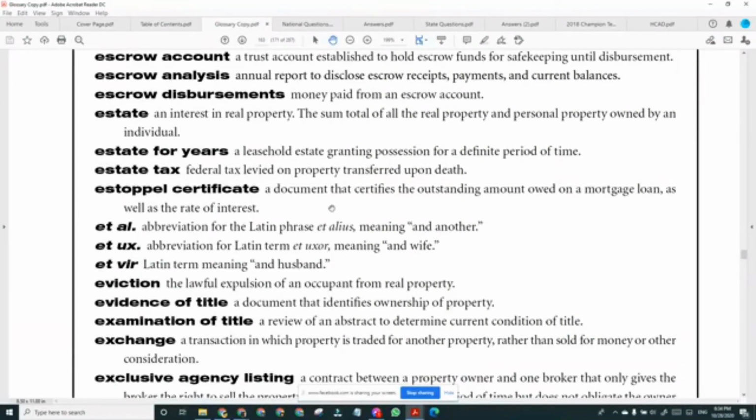Estoppel certificate, a document that certifies the outstanding amount owed on a mortgage loan as well as the rate of interest. Okay, so the escrow officer will request a payoff, and so they'll get an estoppel certificate.